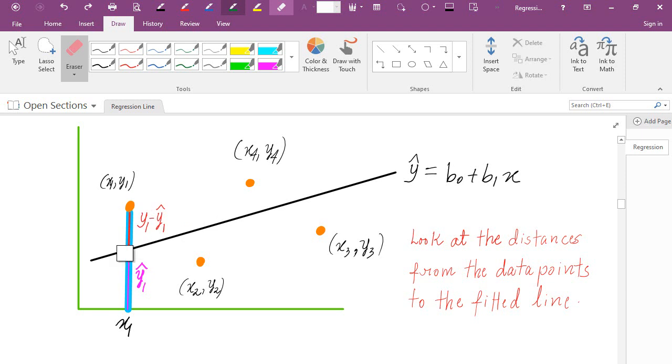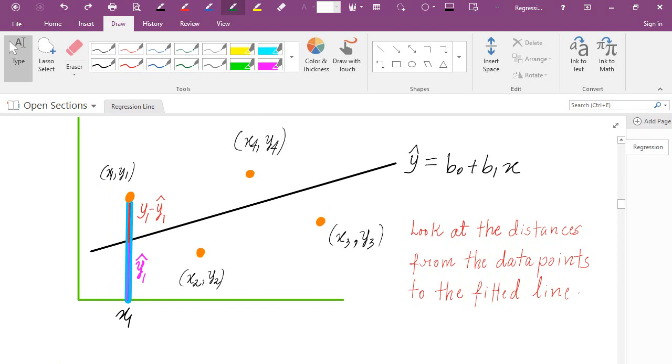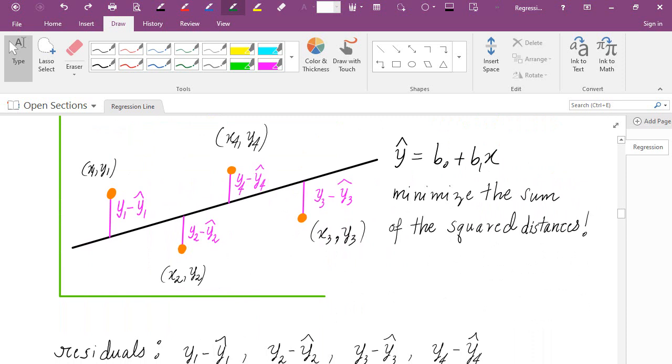to the fitted line. So to understand what we mean by the best fit line, we first look at the vertical distances from the data points to the fitted line. Again, these distances are called residuals, or also called errors. So here's again my scatter plot, where I have highlighted the residuals, or the vertical distances from the data points to the fitted line.